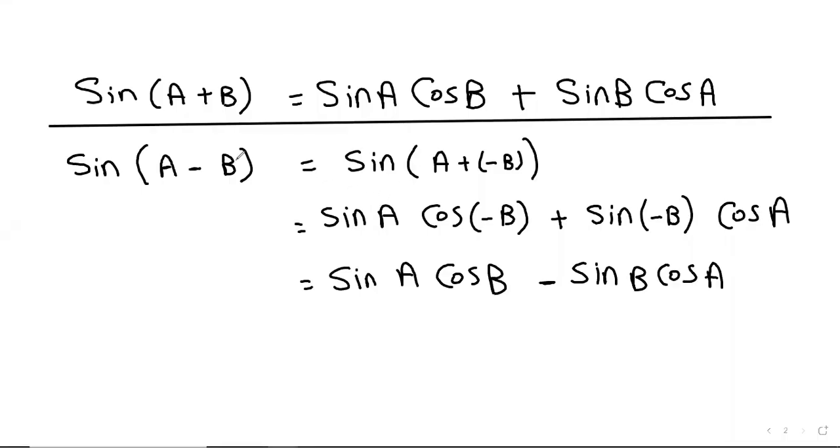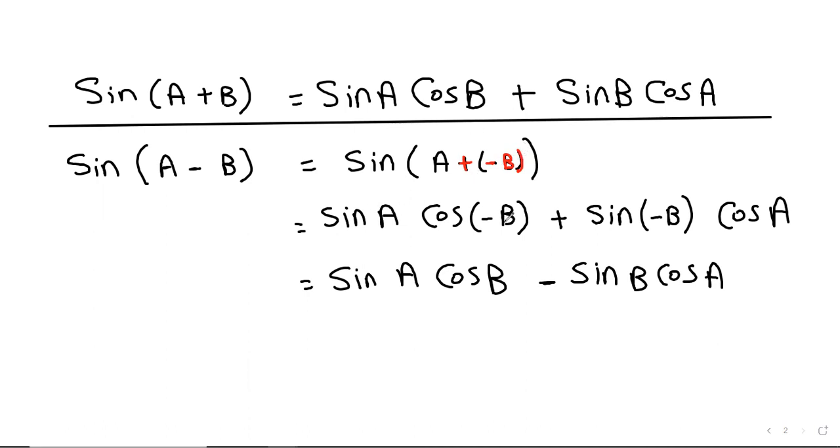What if I want to find sine(A - B)? We can write A plus negative B instead of A minus B. And we can apply the rule: sine the first angle, cosine the second angle, plus sine the second angle, cosine the first angle.